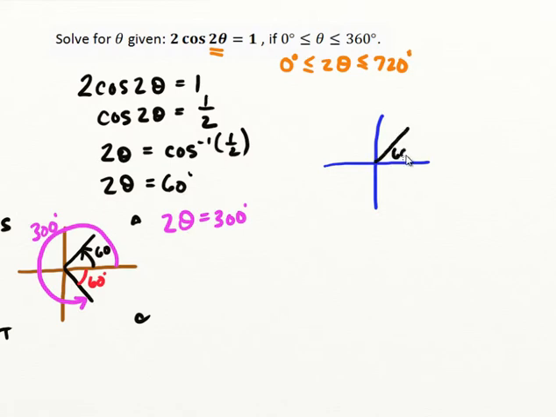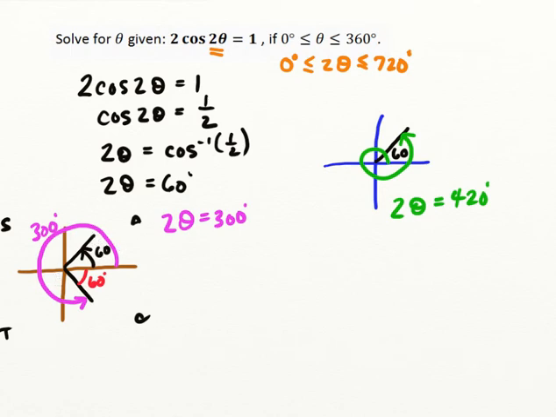If I had a 60 degree angle here, I can find another angle that shares that terminal arm by going around one complete revolution and then stopping at that terminal arm. That would be 2 theta equal to the original 60 plus another 360, which is 420 degrees.